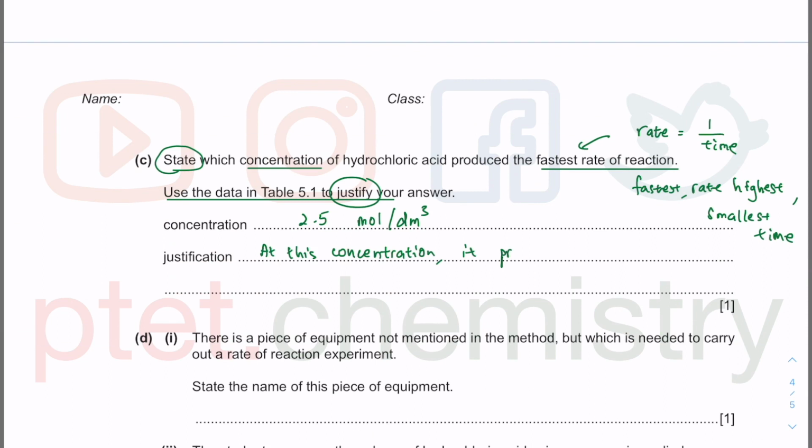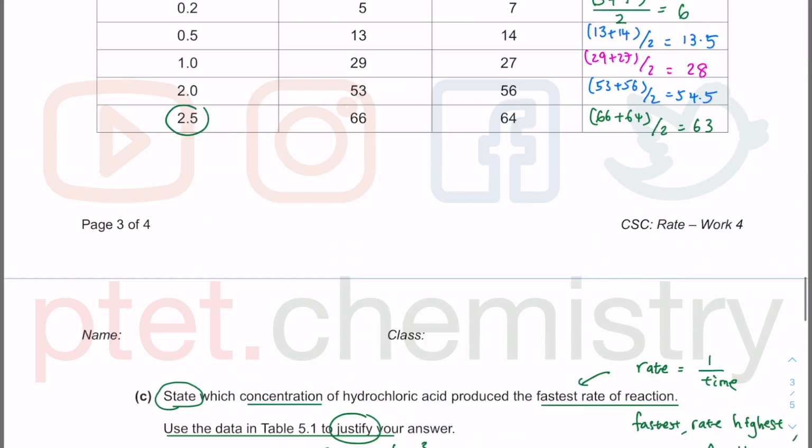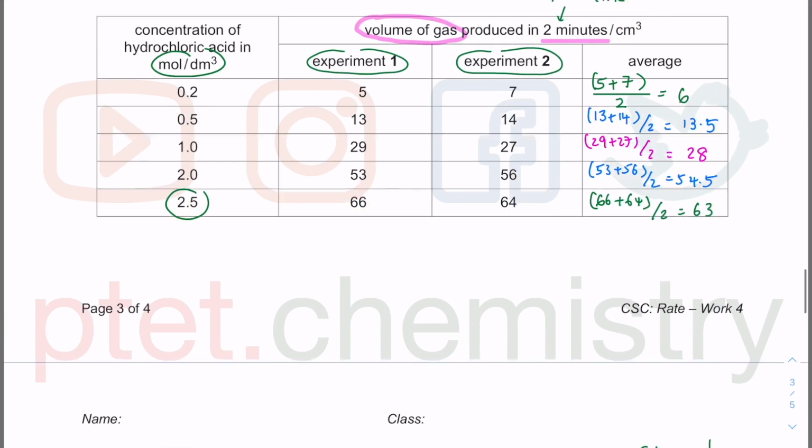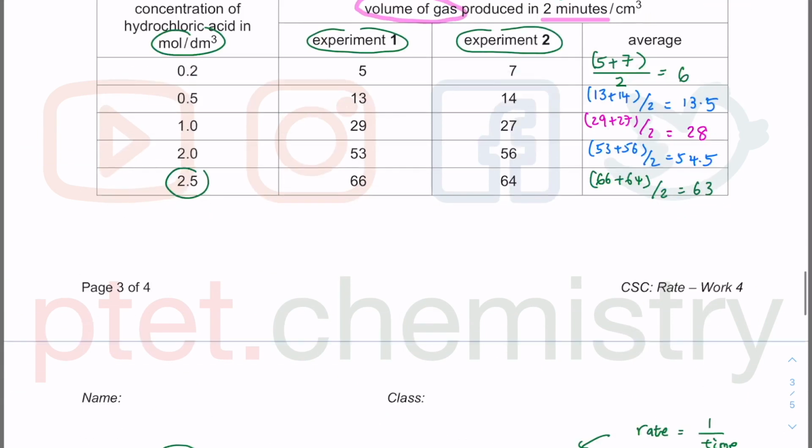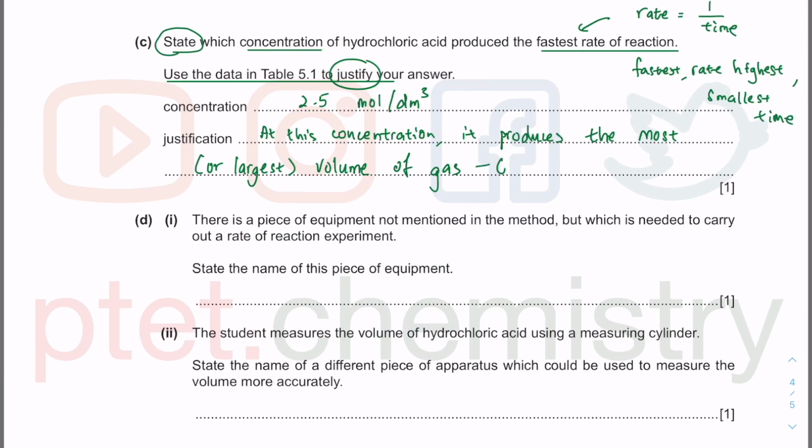It produces the most, or you can say largest volume of gas, which was, use the data, right? 63 cm cube of gas, which is carbon dioxide, in 2 minutes.